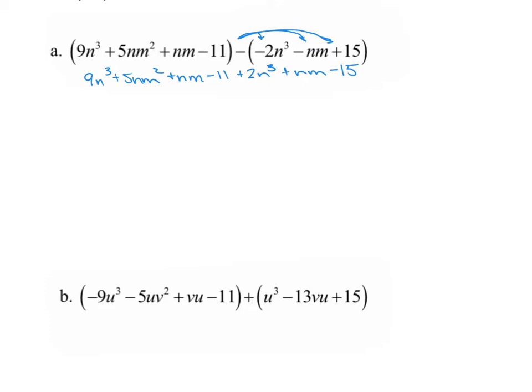From there we can combine like terms, and remember that when we combine like terms we add the coefficients, we keep the variable, and we keep the exponents. So we should get 11n cubed. 5nm squared has nothing to combine with, so we're just going to bring it down. nm plus nm is 2nm.